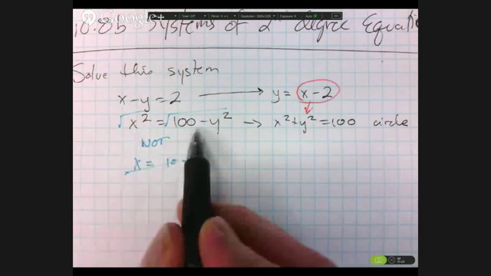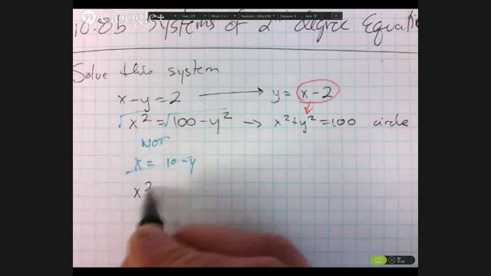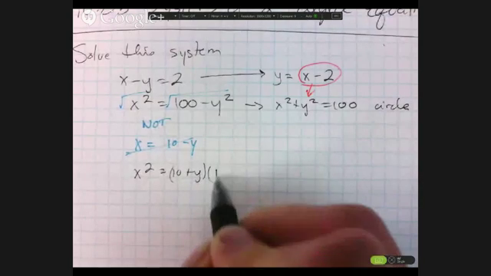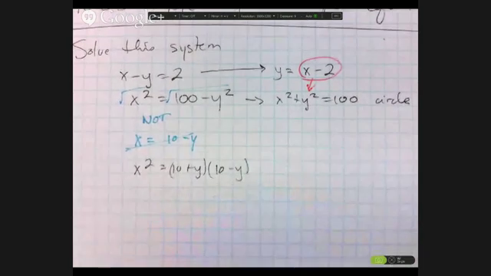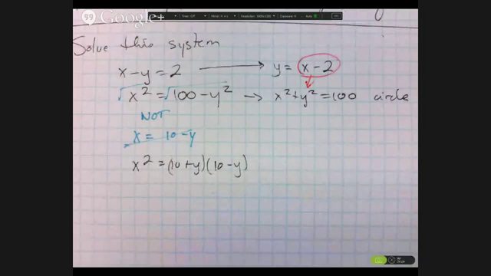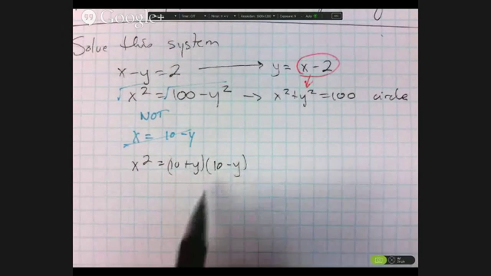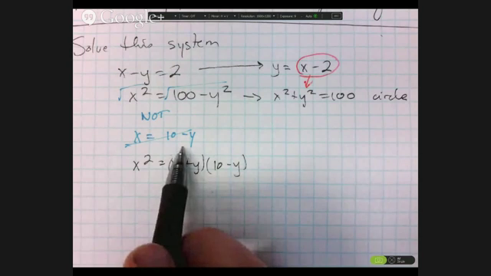Keep in mind, you have to factor that. You can't just take the square root of it. Okay, now, since they're different, this can't just fall out 10 minus y.